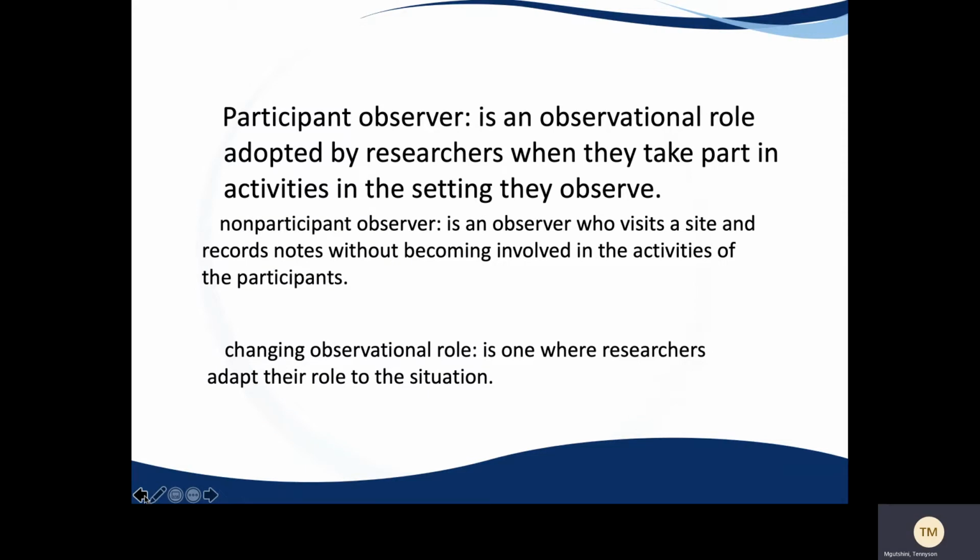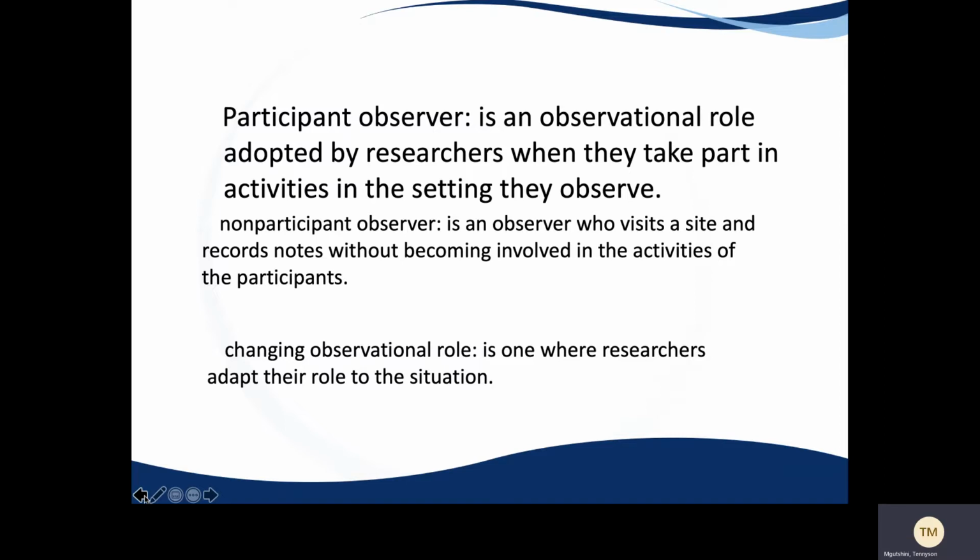Right. So when people talk about observation, the way that they differentiate the type of observation that may be happening is by referring to the role that is played by the observer.